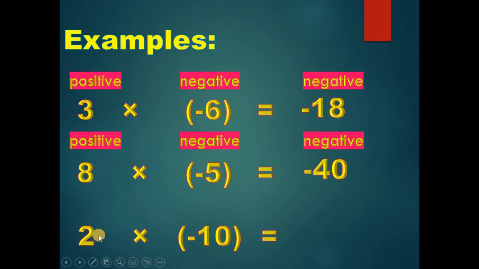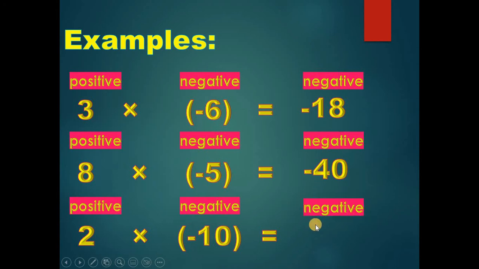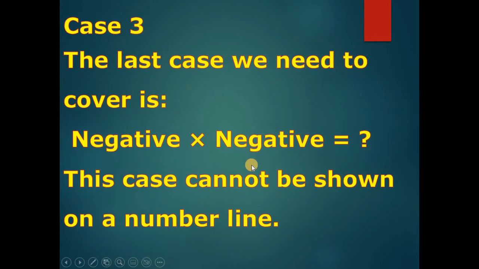And, the last example, we have positive 2 multiplied by negative 10. So, positive times negative is a negative. Then, i-multiply natin. 2 times 10, we have 20. So, since negative yung isa, so we have negative 20. Okay.